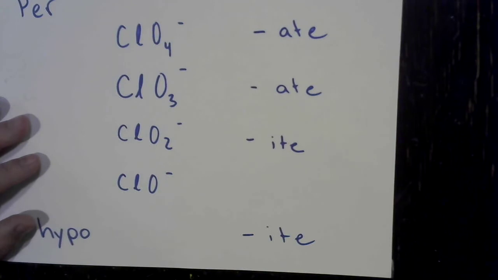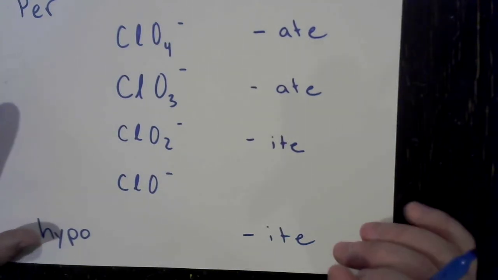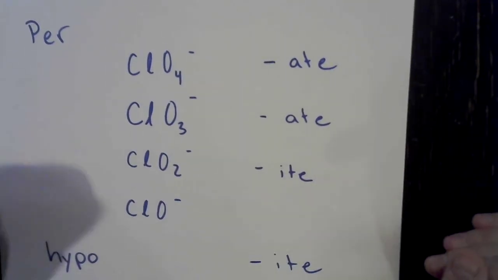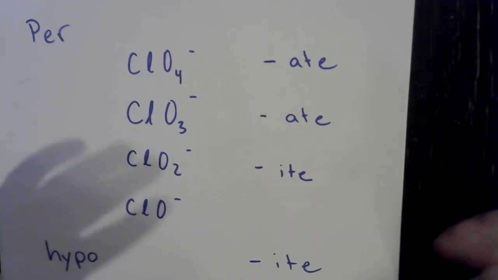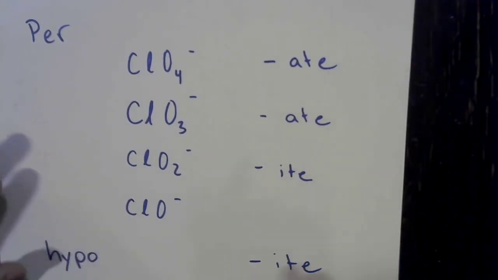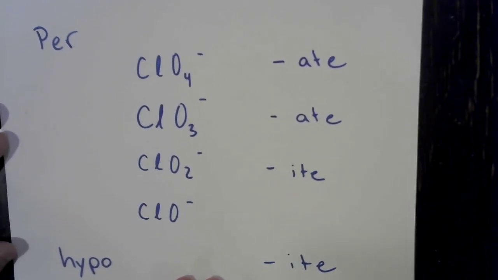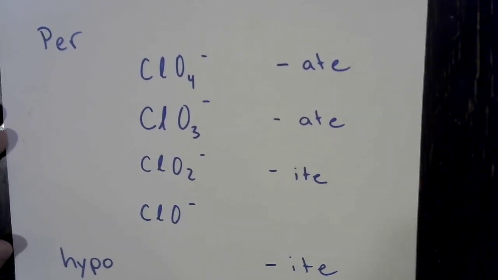The only way that I have for you right now to understand what ones are or are not available is to either memorize which ones are available to us or to be pretty good at your Lewis dot structures, and you can kind of figure it out there as well. But I think that's good for understanding the chlorate series and the naming of polyatomics here.